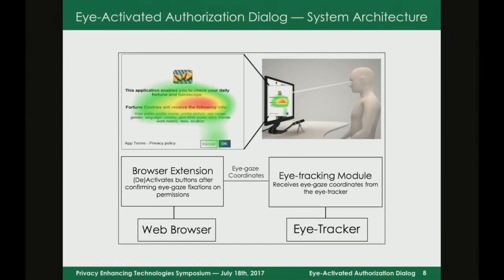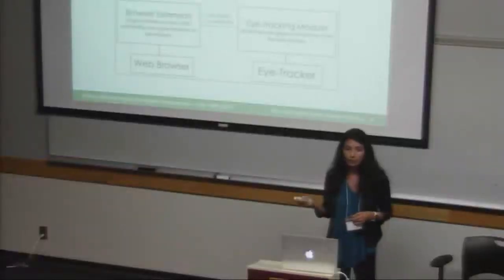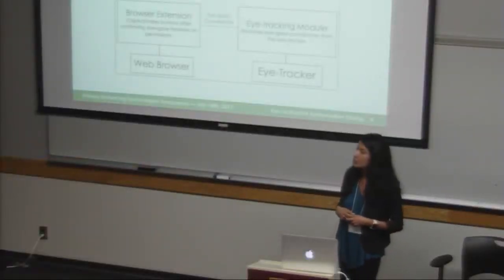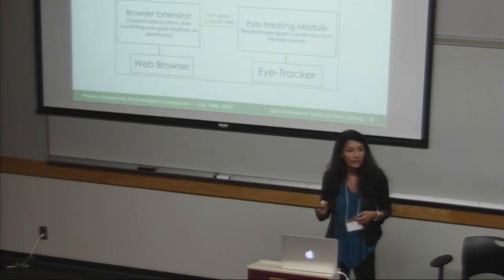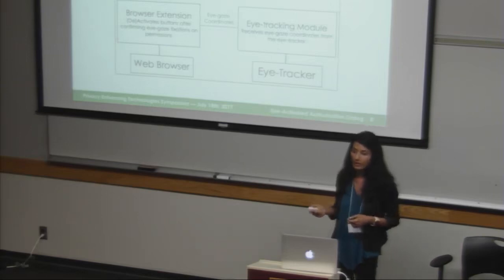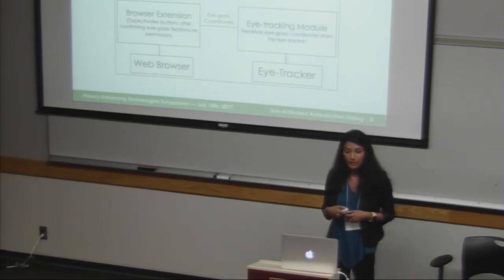We developed a Chrome browser extension for this purpose, which detects the decision buttons on the dialog and uses eye gaze information from the eye tracking device to determine if there's an overlap between the user's eye gaze coordinates and the coordinates of the permissions on screen.